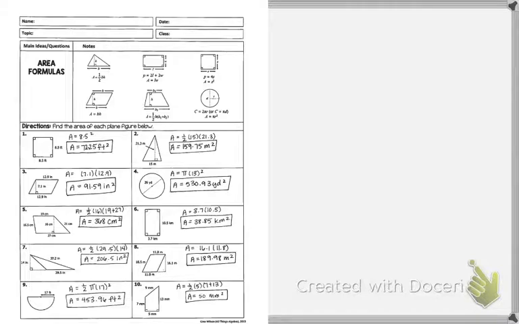Here's a new one, circle. We're introducing what the area of a circle is. Well, area is pi times the radius squared. Well, we know that the radius is equal to 1/2 the diameter.